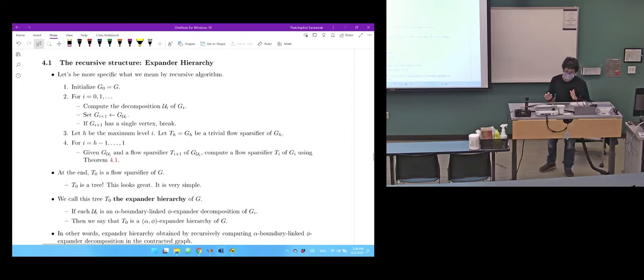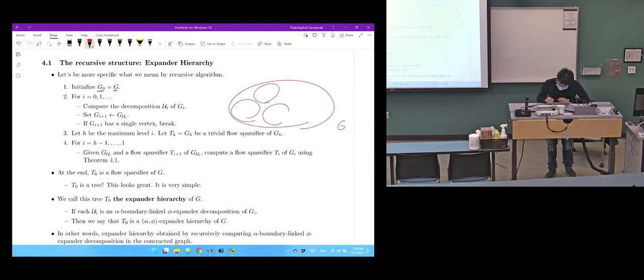Let me specify what exactly a recursive algorithm is first, and then we'll see why it's important. So the recursive algorithm is here. Let's initialize the graph G0 to be the original graph. Now what we do is compute the decomposition and call this U0.